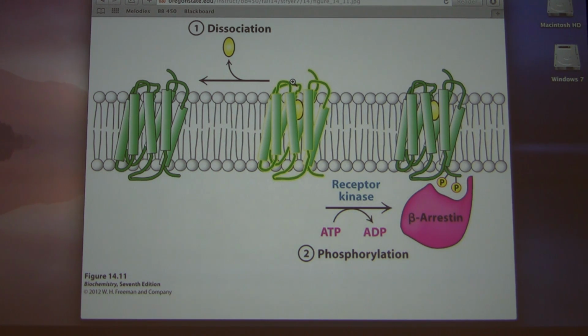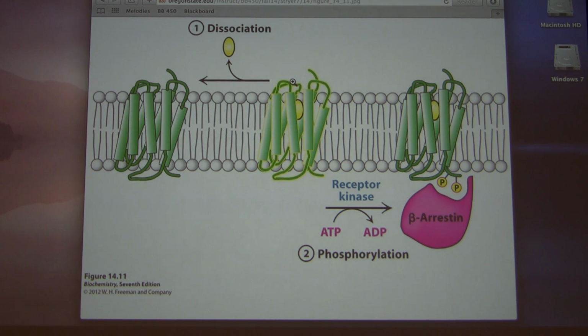That means that the very beginnings of this signal also have to have some control. So cells have a backup mechanism of ensuring that the binding of the hormone to the receptor on the cell surface originally actually does get turned off. What I'm showing you on the screen is a backup mechanism of turning off that signal that's coming from the beta-adrenergic receptor.